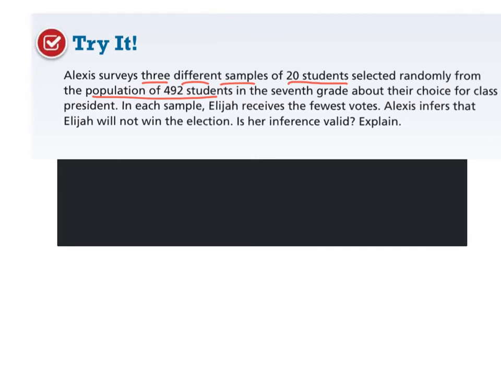Explain. So the question again is, did we ask enough people and did we ask the right people? It does say these people were selected randomly. Three different samples of 20 students each, so they've asked a total of 60 students out of 492.